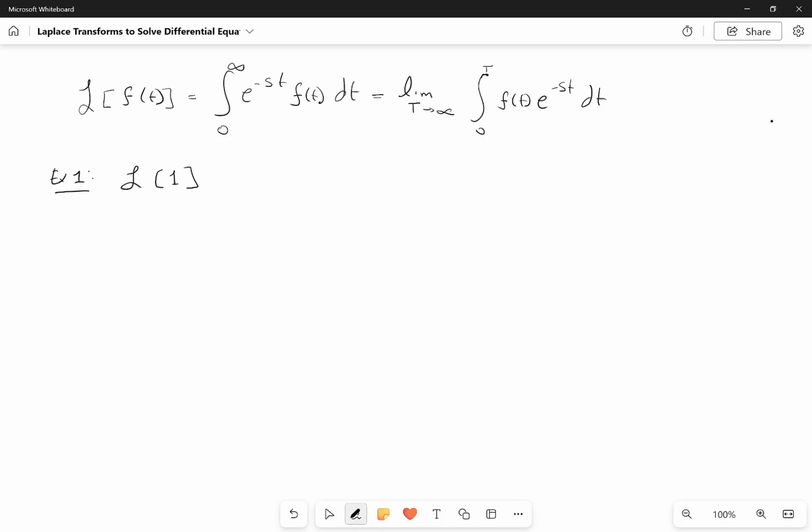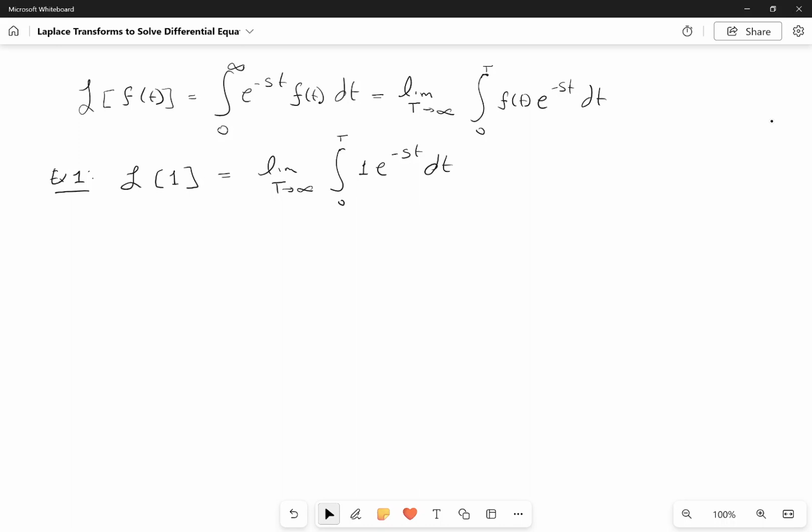By definition, we have f of t equals 1. So we have the limit as t goes to infinity of the integral from 0 to t, where f of t is 1, and then we have e to the negative st dt. Well, what is the integral of e to the at?